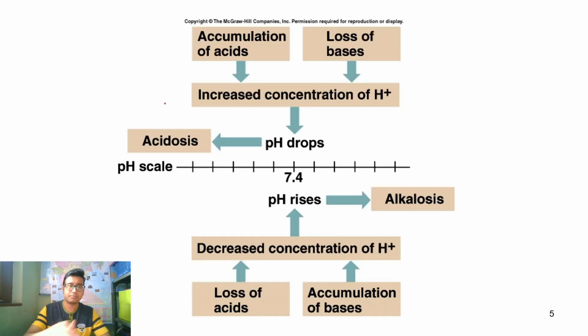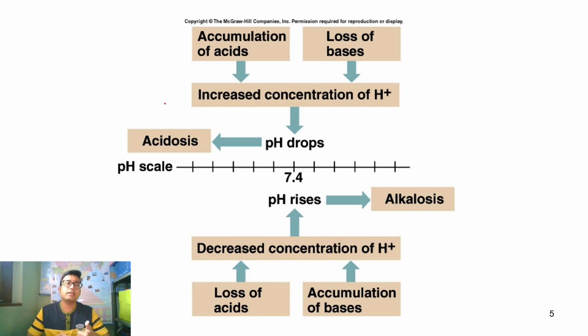Now it goes beyond doubt that when there is acidosis, pH will drop, acid will increase, and there will be an excess concentration of hydrogen ion, proton, or H plus. How can H plus increase?